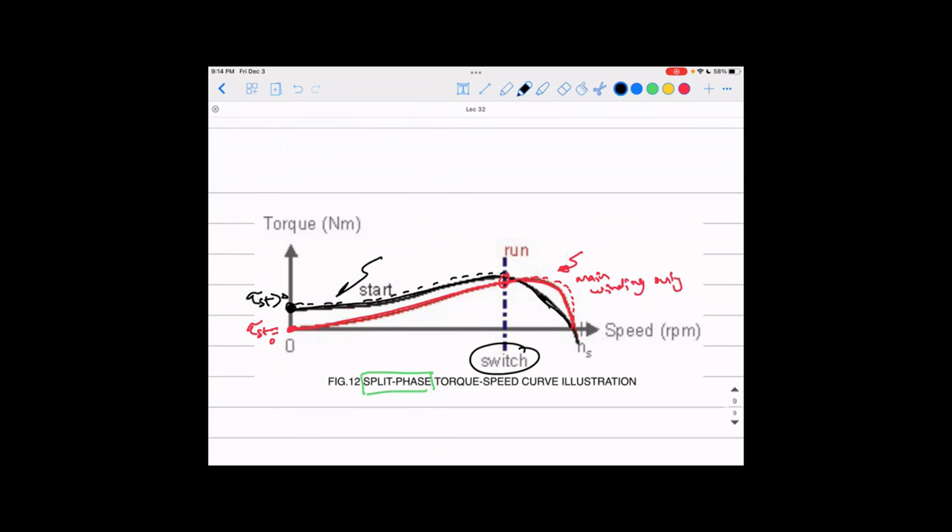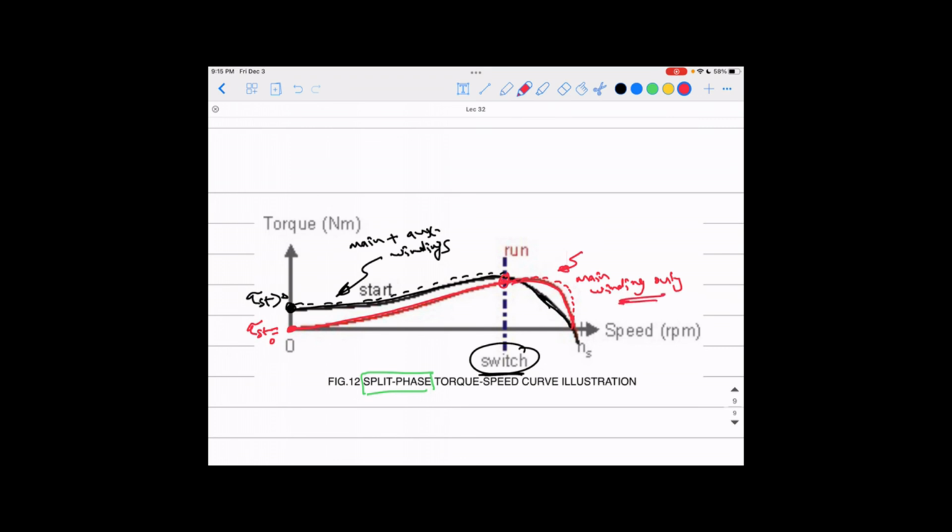The black one, which is the starting characteristics, is main plus auxiliary windings. Okay guys, so you start on the black one using both of them until you pass the starting period and the switch opens, and gets the auxiliary winding out of the circuit, and now we are working with just the main winding only, so we jump to work on the other characteristics.